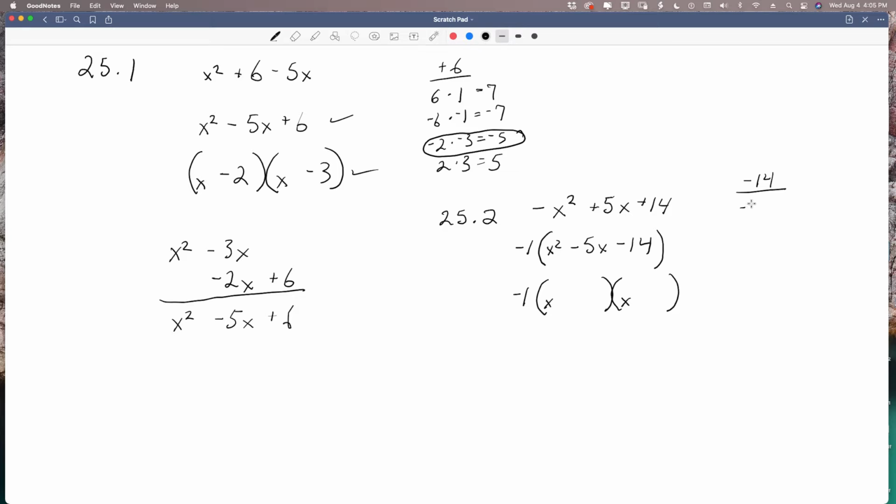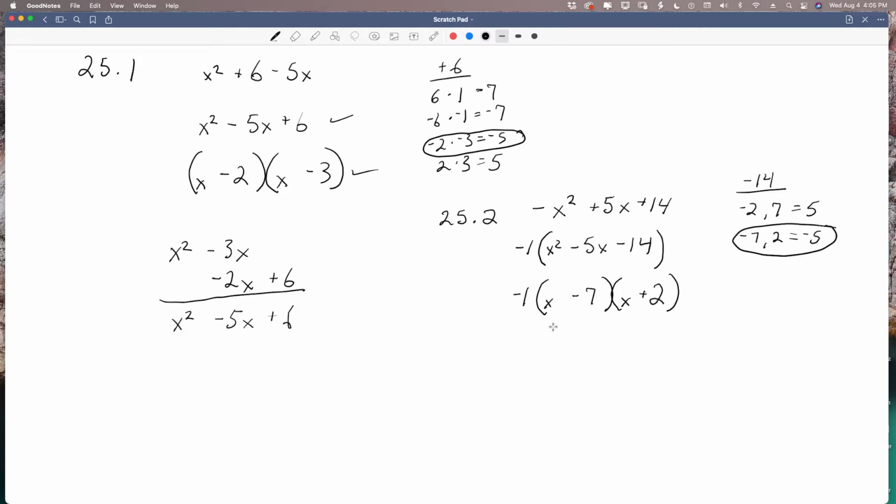So we could say negative 2, positive 7, that gives us a positive 5. We could say negative 7, positive 2, that gives us a negative 5. That's what we're looking for, so that's what we'll use. And because these are the same, we can drop them in any order as long as we keep the correct sign with them. So now we check it.